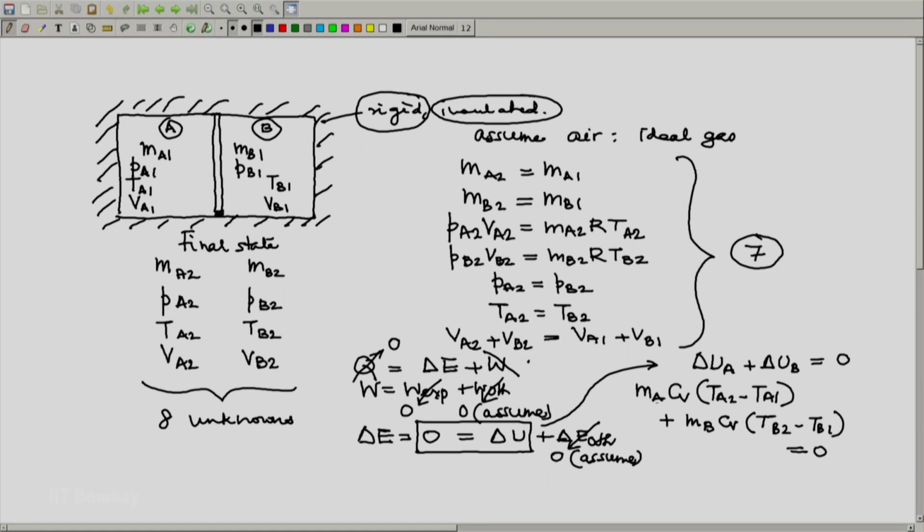Okay. Now I have just used MA and MB here. Actually you could use MA1 or MB1, but since MA1 and MB1 are the same thing as MA2 and MB2, you could use either here 1 or you can put 2 there, does not matter. This is the 8th equation. So this is equation number 8 that gives us 8 equations and 8 unknowns.